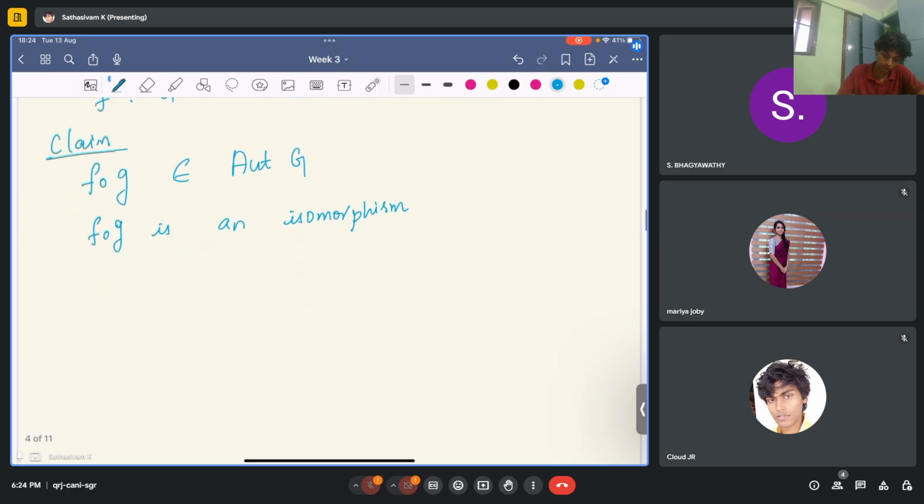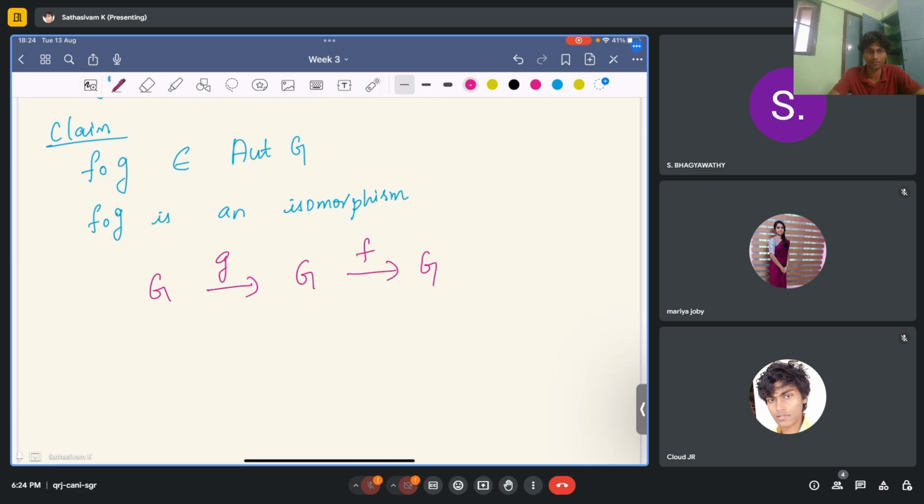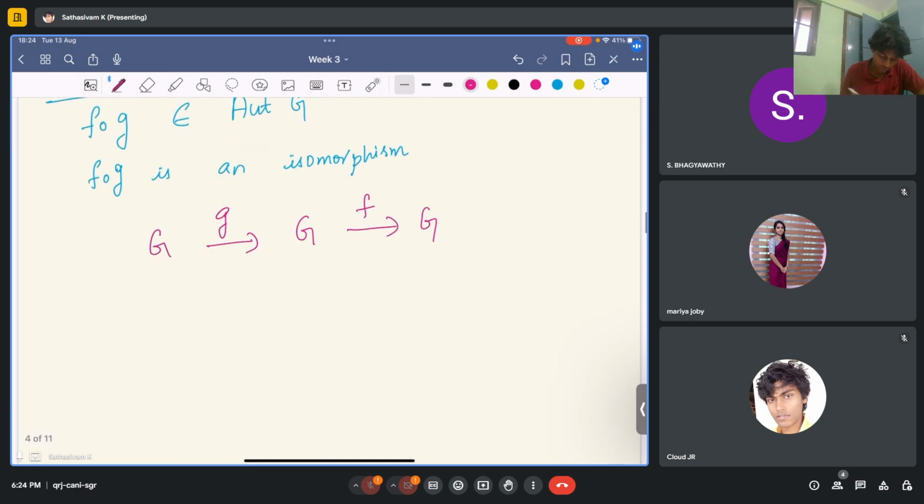Let's prove it. So what is f composed with g? You have the map g here and you have f here. This is how you define f composed with g. We want to prove that this is an isomorphism.